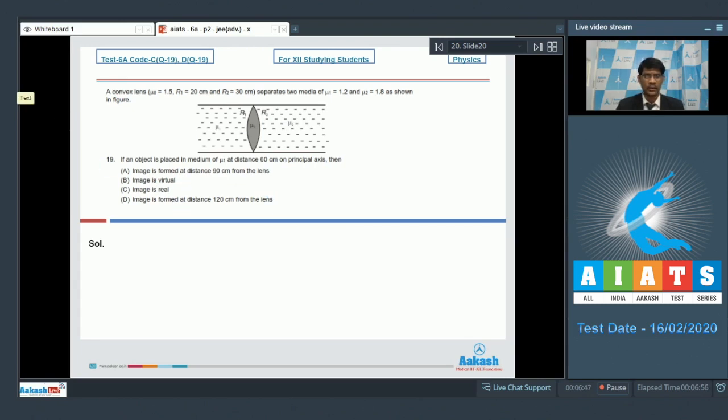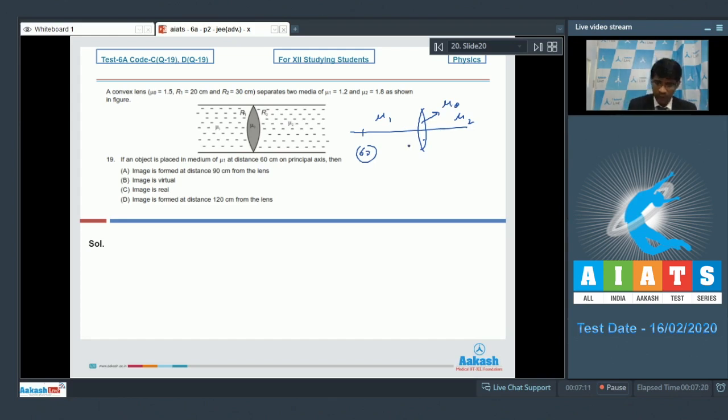Actually, this is I would say the simplest application of refraction through curved surfaces. So let's start with the first calculation. This is the situation. Object distance is 60, this is mu1, this is mu2, and this part is mu naught.